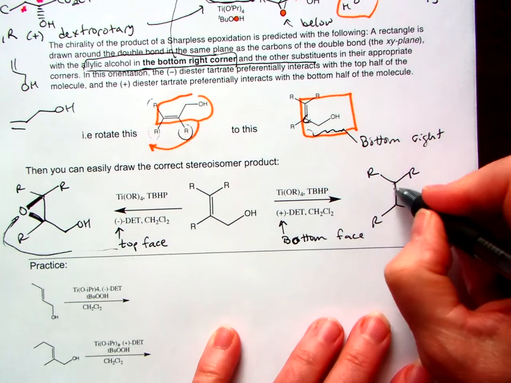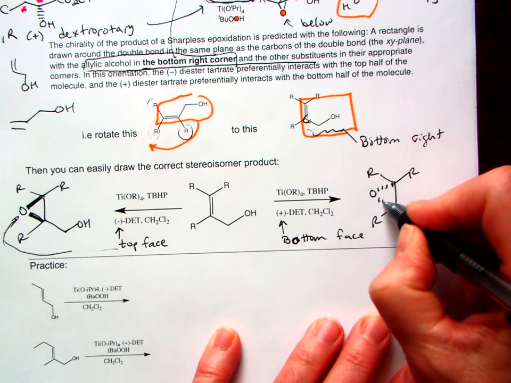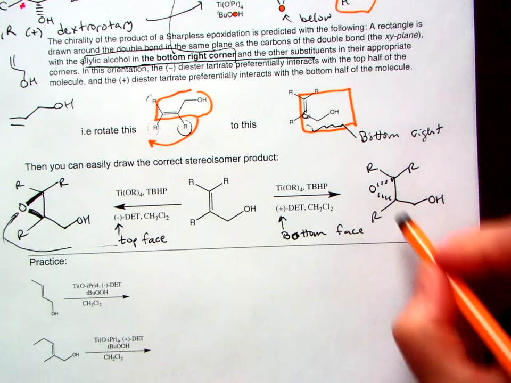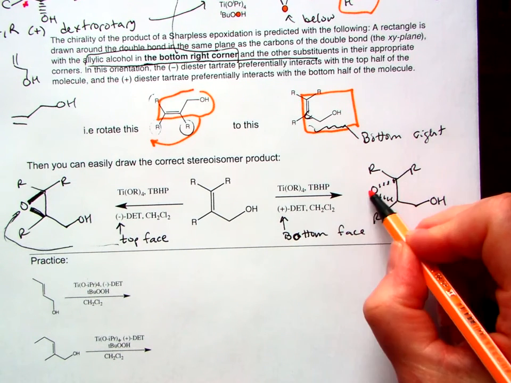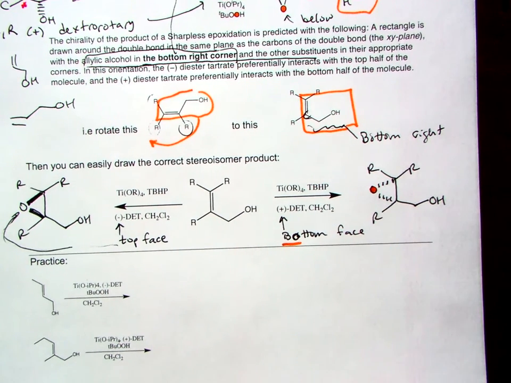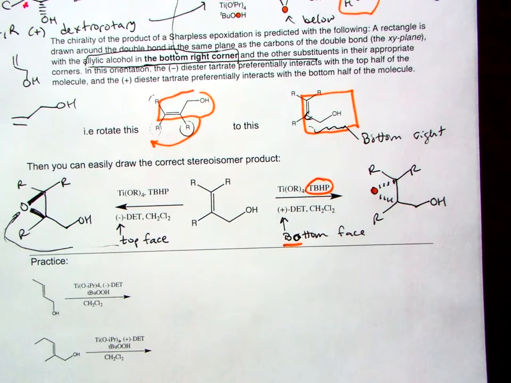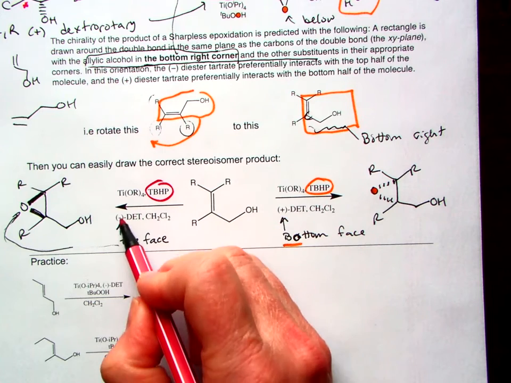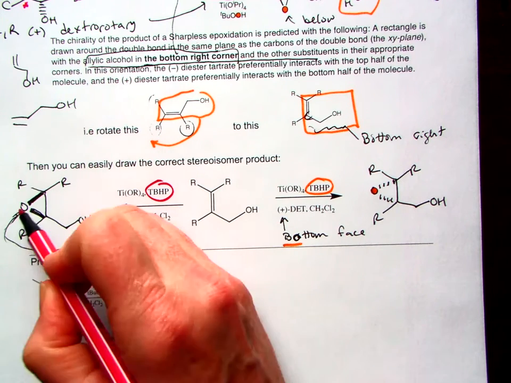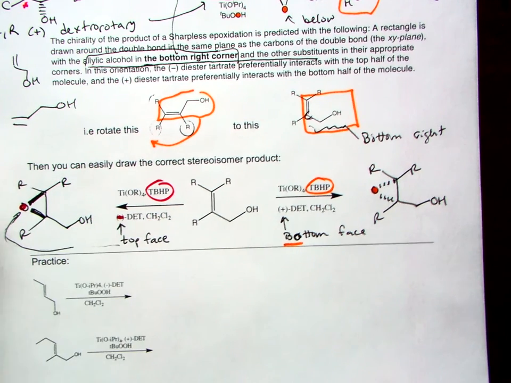And then this one, again, like so, the O that we're talking about ends up on the bottom face, okay? Or it could end up on the top face if you've got the minus. Okay. All right, so time for you to practice.